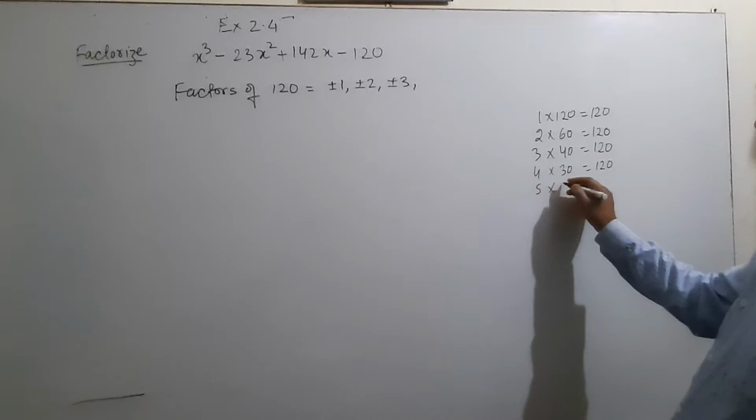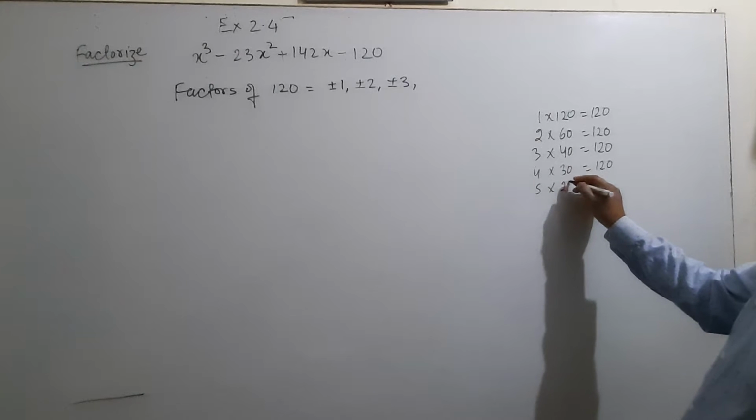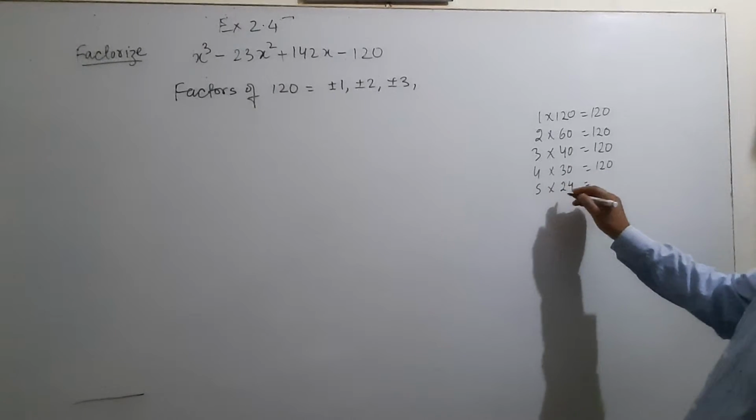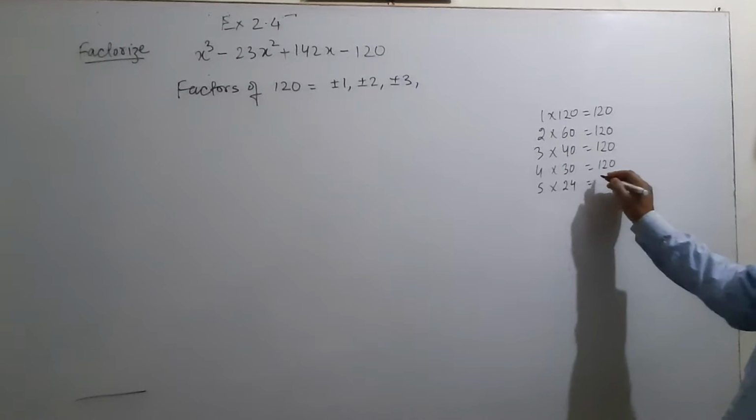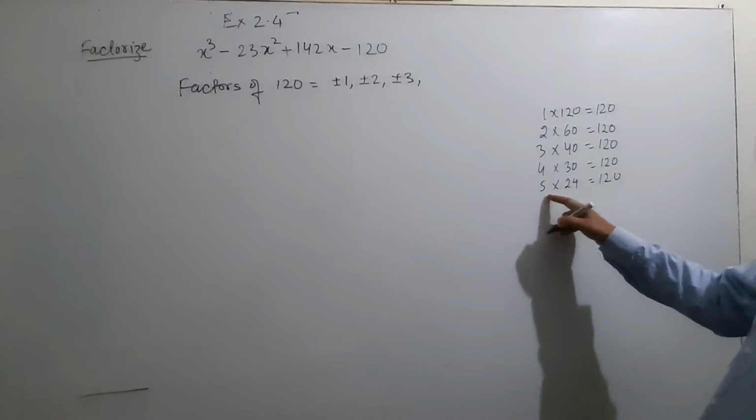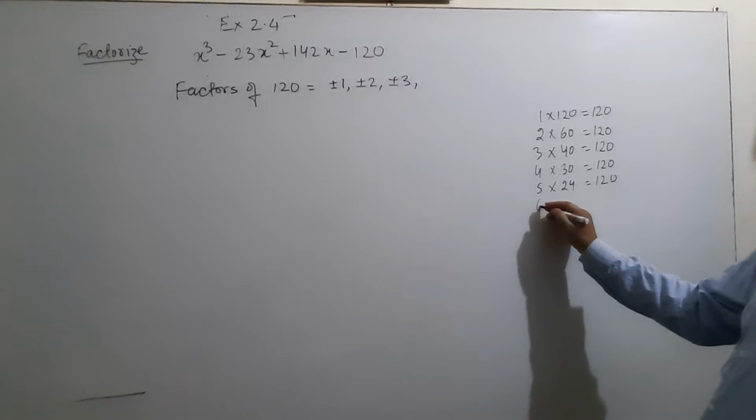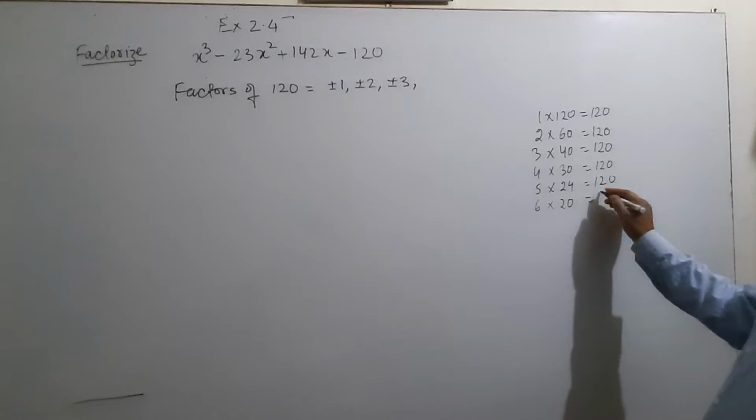And 5 into 24 is 120, and 6 into 20 is equal to 120.